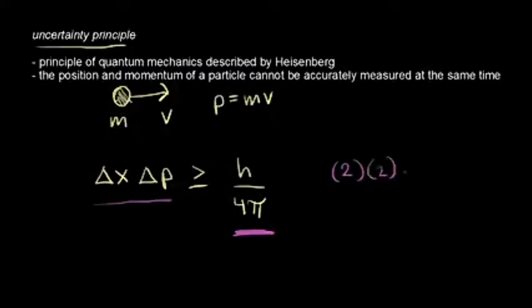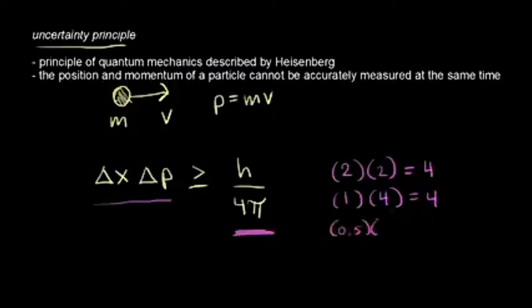Say you have an uncertainty of 2 for the position and 2 for the momentum. 2 times 2 is equal to 4. If I decrease the uncertainty in the position to 1, the uncertainty in the momentum must increase to 4, so 1 times 4 is equal to 4.